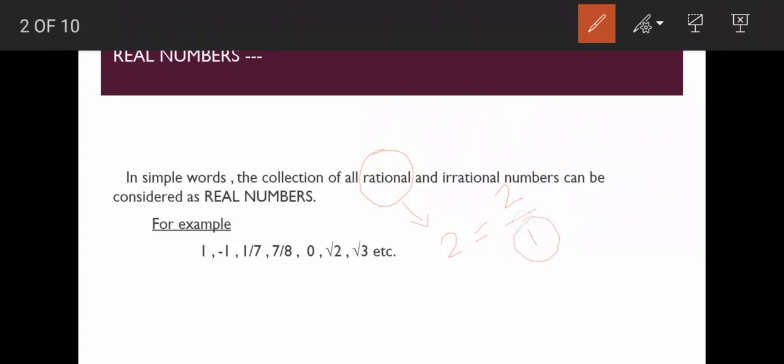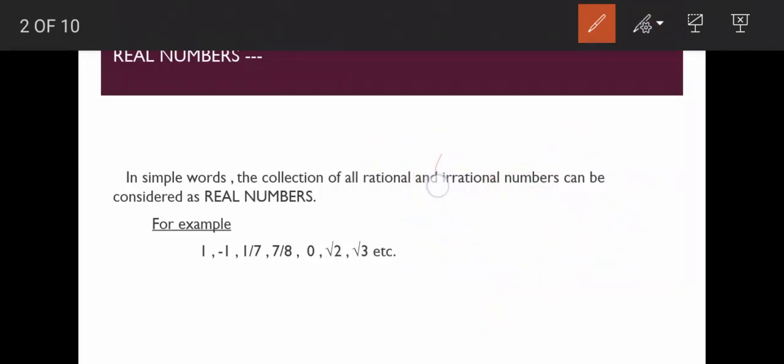Here 1 is taking the place of q while 2 is taking the place of p. So in this case we get that q is not equal to 0. Ultimately we are expressing 2 in the form p by q with q not equal to 0. So what does it mean? All the integers belong to this category of rational numbers.